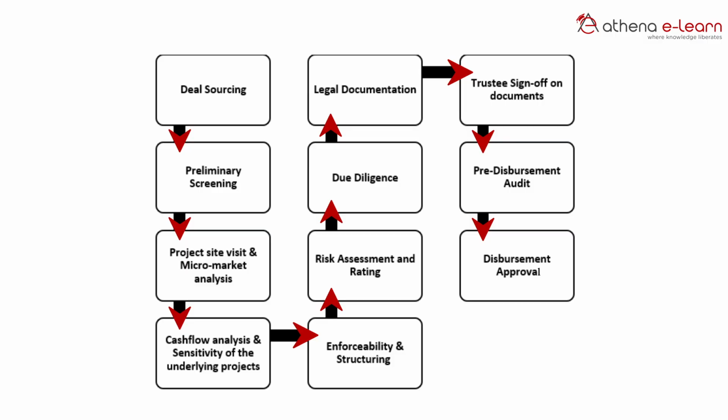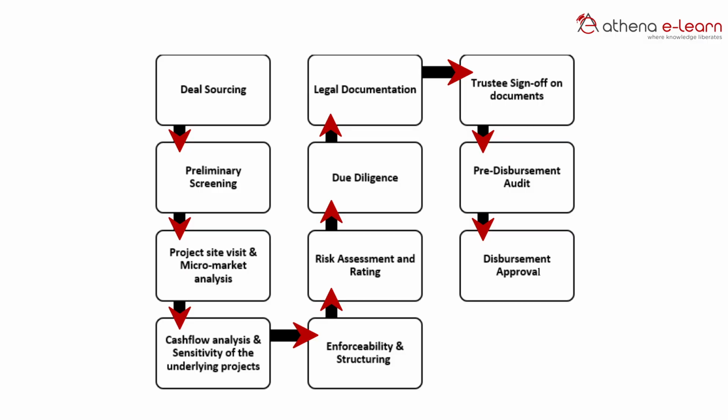Once the term sheet is agreed by the developer, the lending institution goes for the internal sanctioning process, and once the sanction is done, they share a sanction letter and proceed for the due diligence and documentation. From a borrower's perspective, before they get the disbursement, they need to ensure that all the legal agreements agreed are signed and executed.